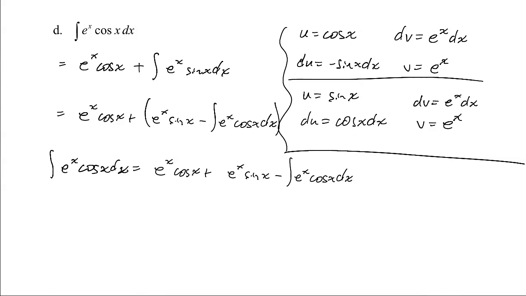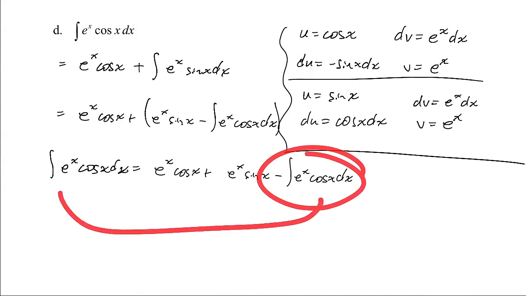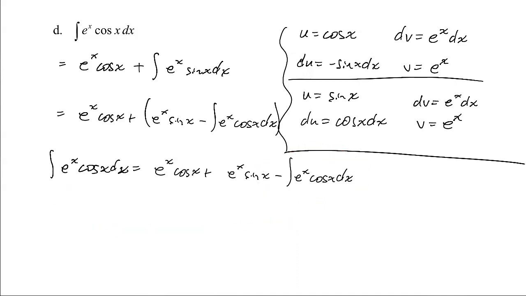Well, I actually have some like terms here. The like terms is actually my integral. Right? So if I add over this part right here, add it to the other side, now I will have two of those integrals equals all that stuff right there. So all I really need to do is divide everything by 2, and that's it.